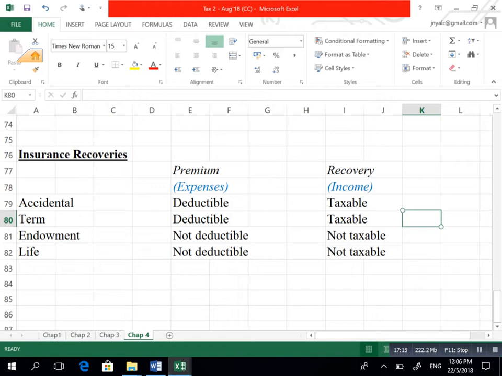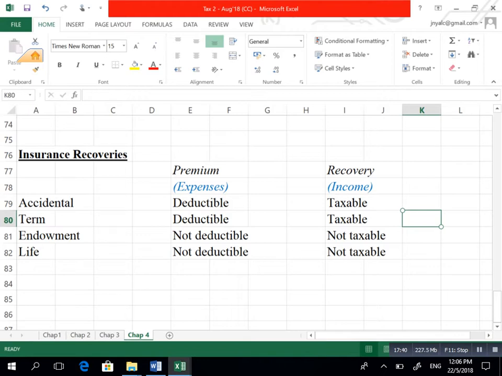Endowment policy is usually referred to as life insurance also, but with an investment element. Nowadays you see that a lot of insurance is sold with an investment-linked plan, which means some of your premium amount they will put into a unit trust or investment that will generate a little bit of cash value for you, right? That is some kind of endowment insurance.